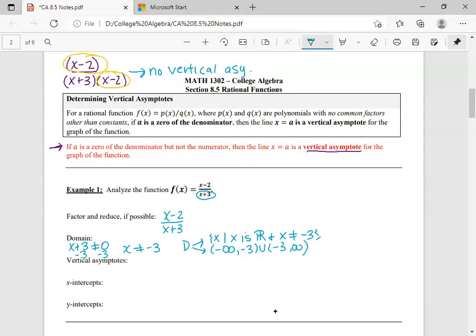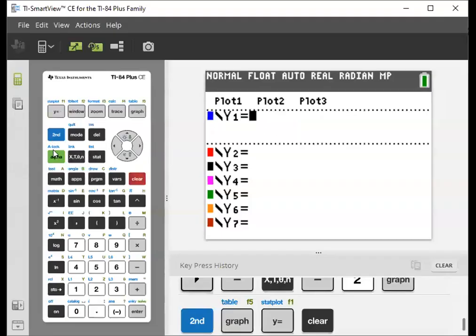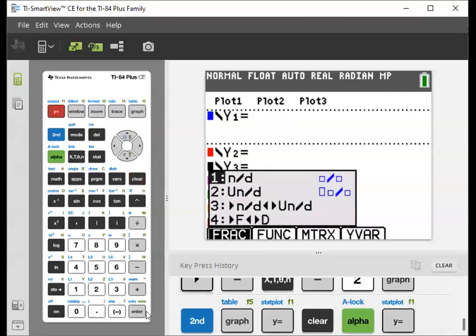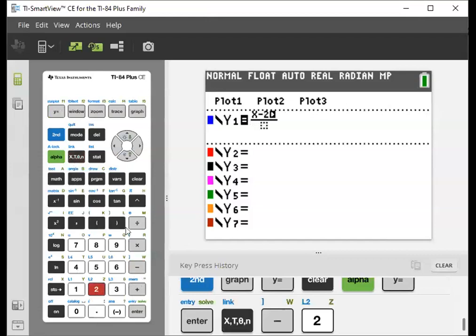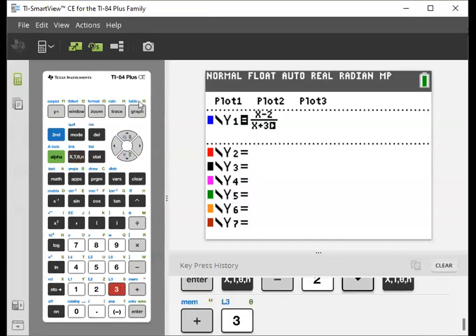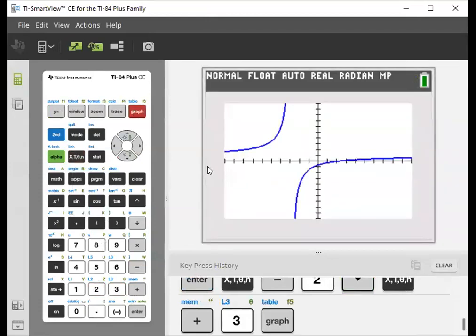Usually at this point, I like to go to my graphing calculator and look at what the graph looks like. So I go to y equals and alpha y equals, because I'm typing in a fraction. This one was, sorry, x minus 2 over x plus 3. And I like to look at the graph to see if I'm on the right track.